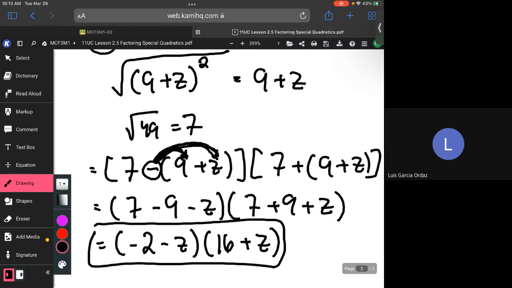So Camilla, you were almost there. You just forgot to simplify. You had 7 minus 9 plus z and 7 plus 9 plus z. The only thing you forgot to do is simplify the bracket. Yep, that's it.